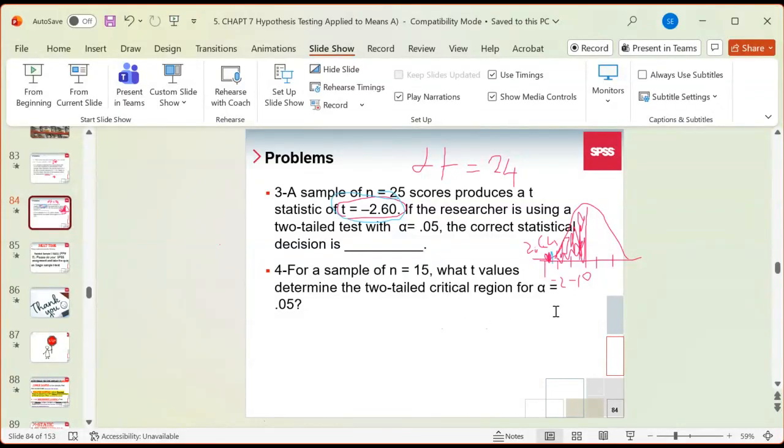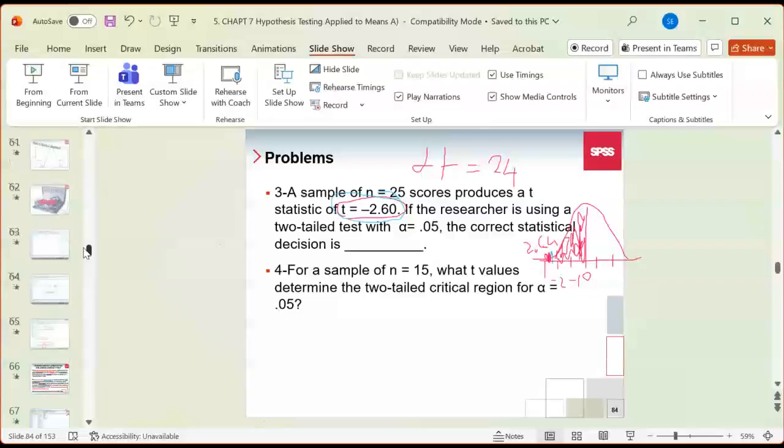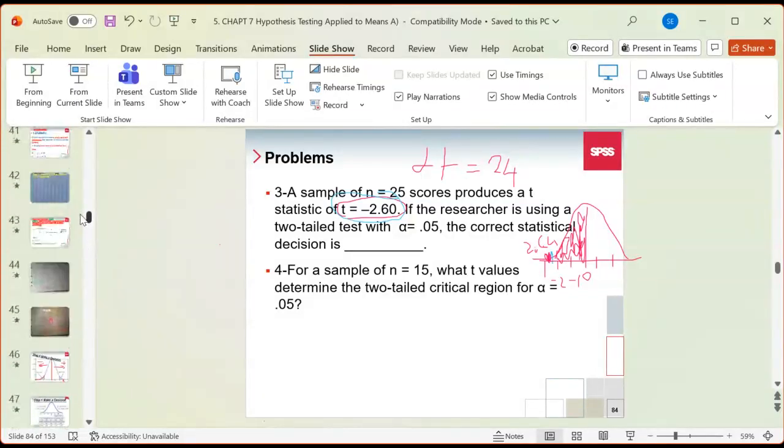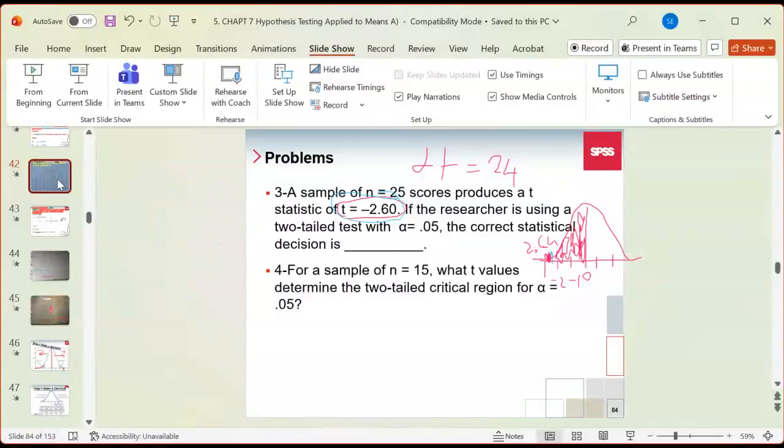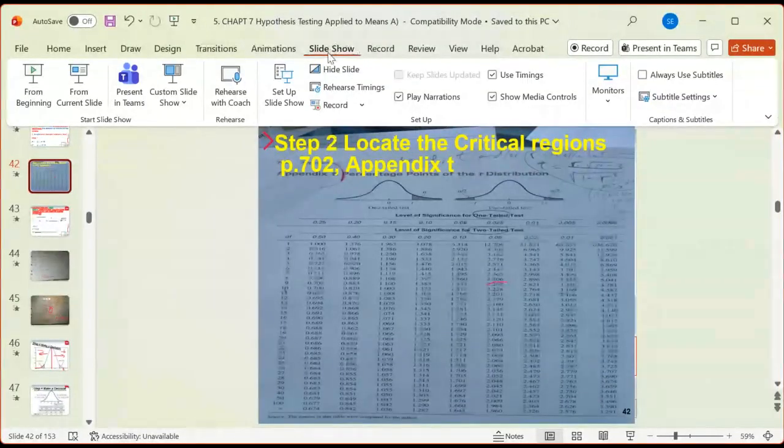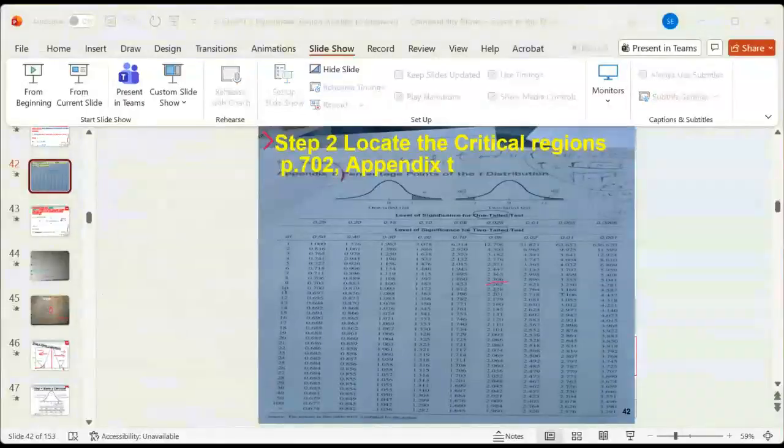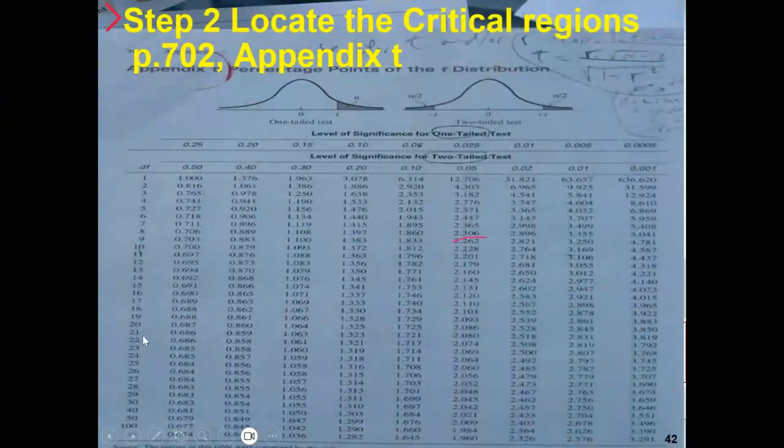Let's just look it up and see what the value is. Two-tail, alpha 0.05, df 24. We go there, make it full screen. The df is 24 right there, and then alpha right there.